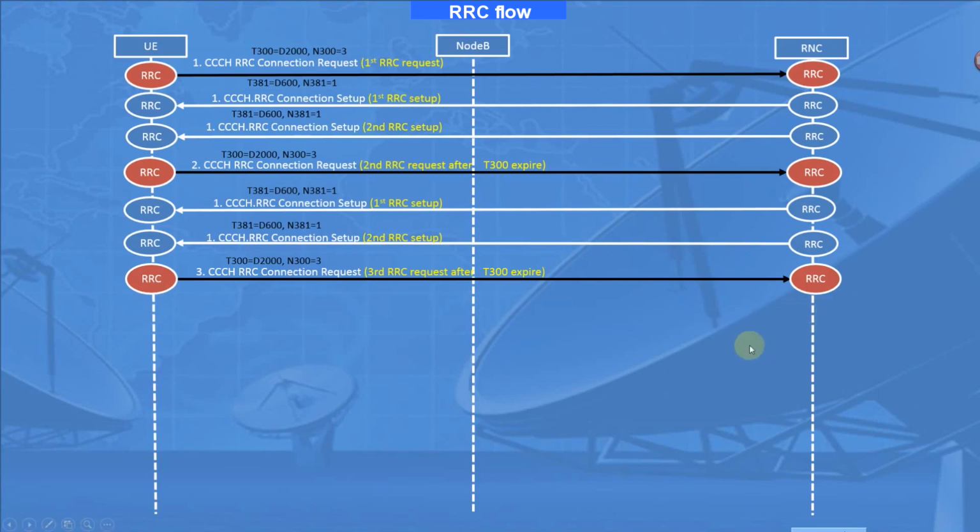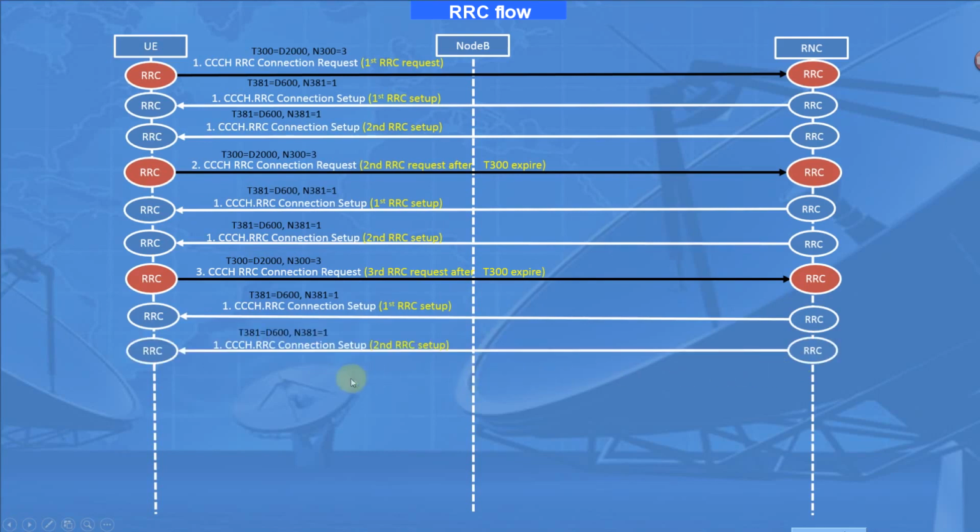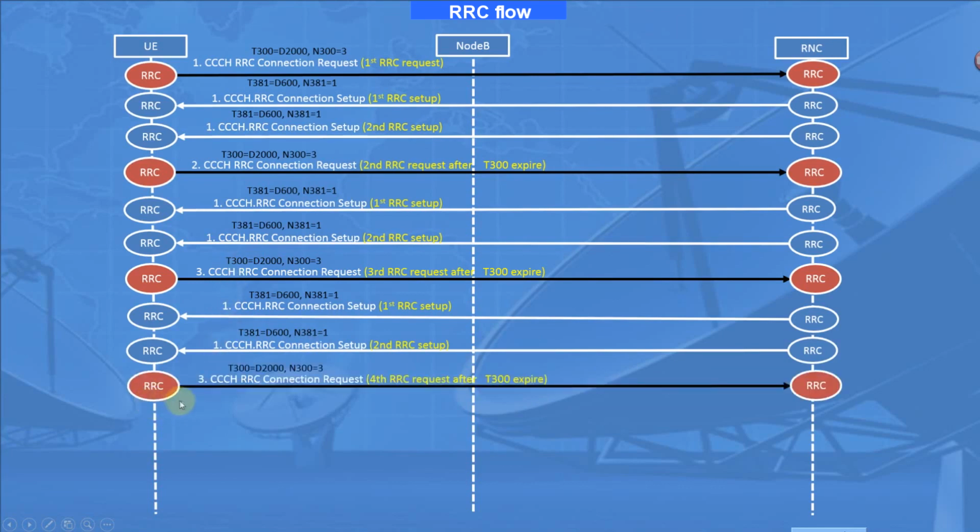Then RRC will send RRC connection setup and generate another RRC connection setup based on retransmission time N381. So after expiring T300, we will generate a fourth RRC connection request.